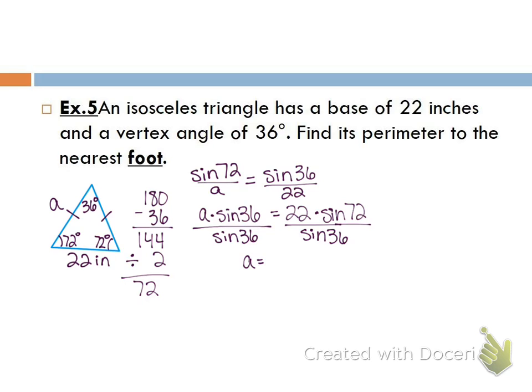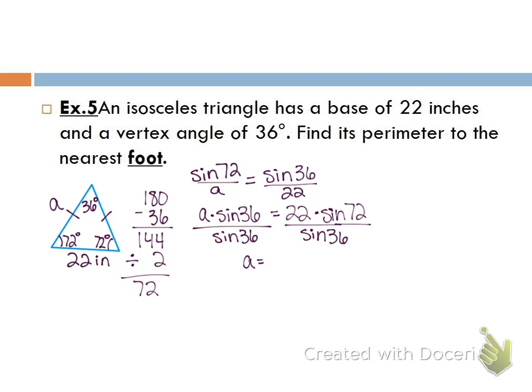And on A, I don't want to round it just yet. So let's see what we get to a few decimal places. Divided by sine 36. So let's take it to 4 decimal places for now.